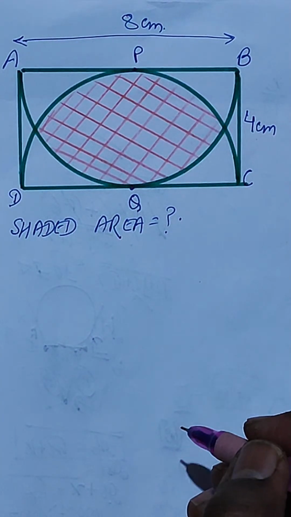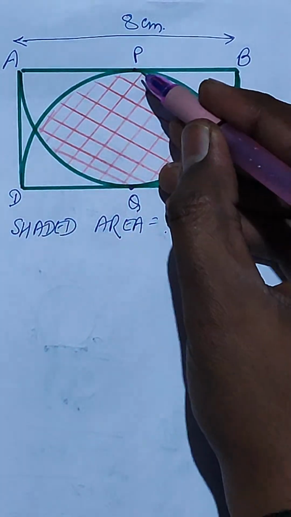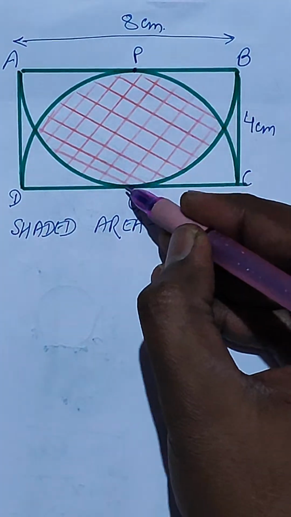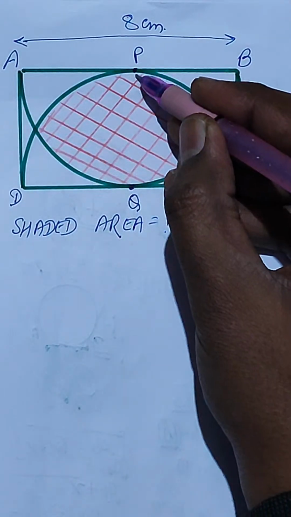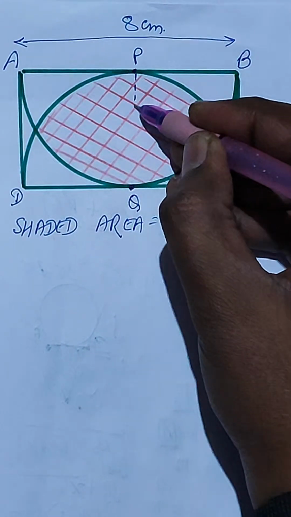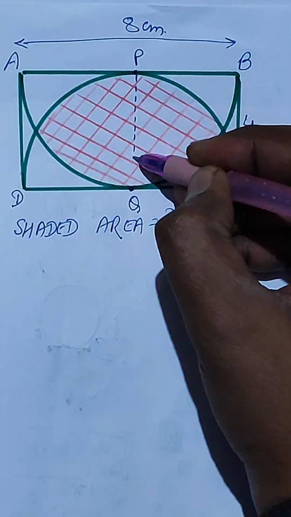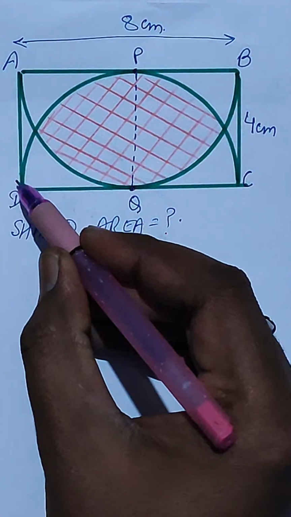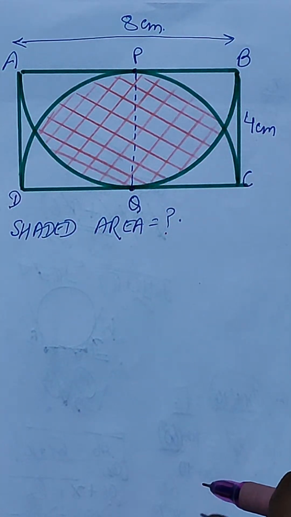Since this is the center and this is the center, we can just draw a line like this. This line PQ will be parallel to AD and BC, right?